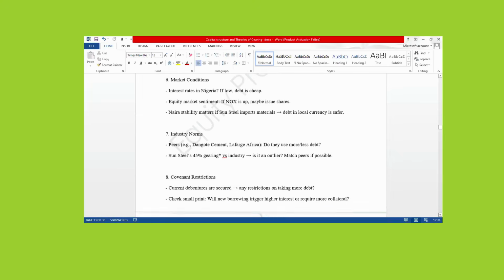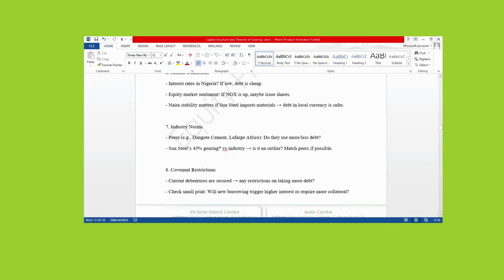Number 7, industry norms. We are going to compare Sun Steel with similar companies in the industry. We call it peer comparison.